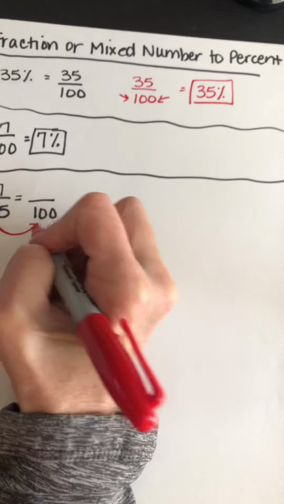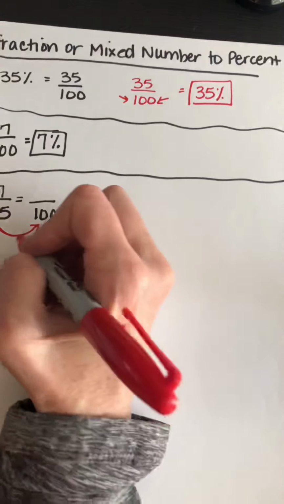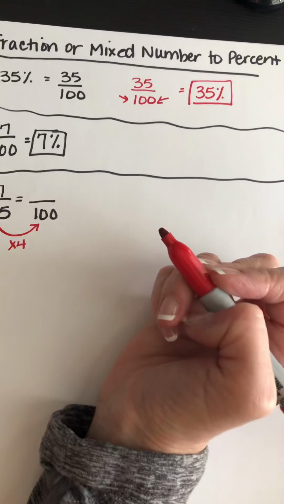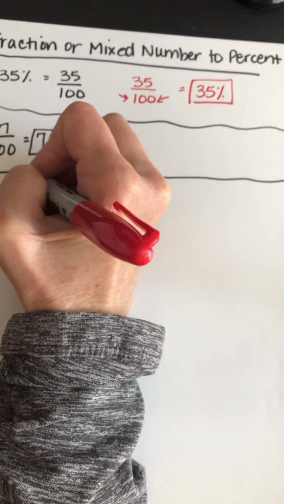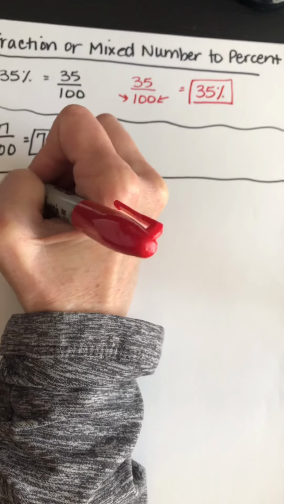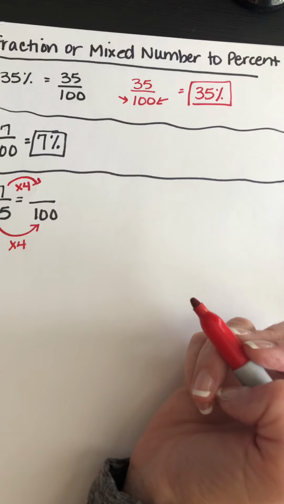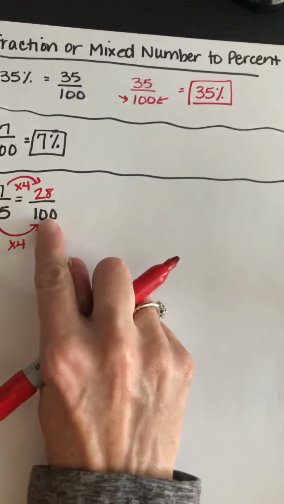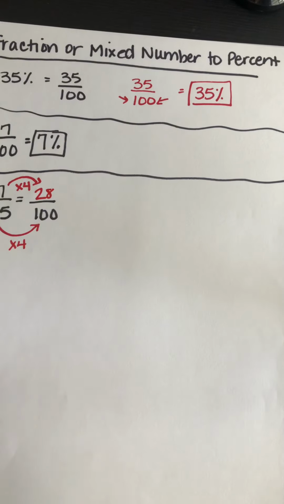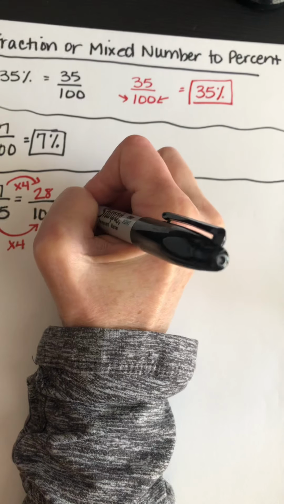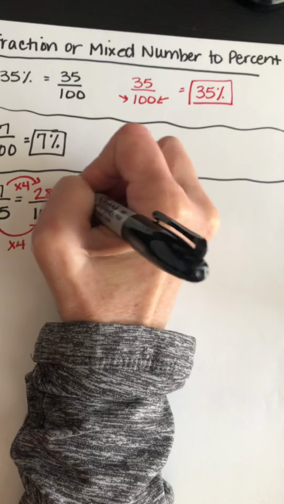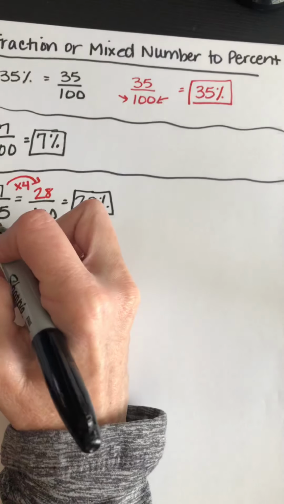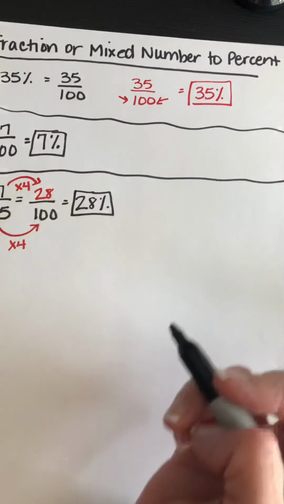How do we get to 100? Well, 25 times 4. Whatever you do on the bottom, you must do on top. And 7 times 4 is 28. So now we have the fraction 28 over 100, which gives us 28%. So really, this fraction, 7 over 25, is 28%.